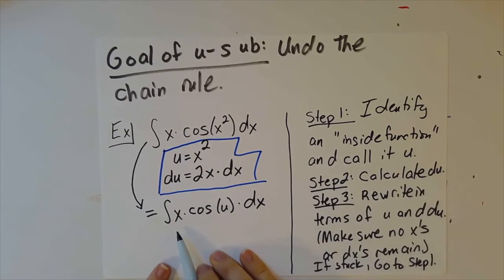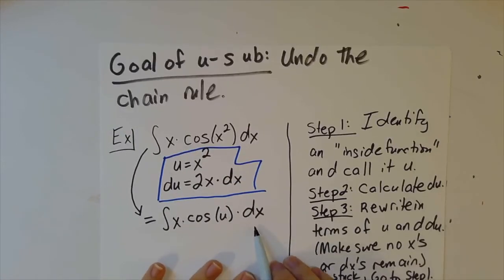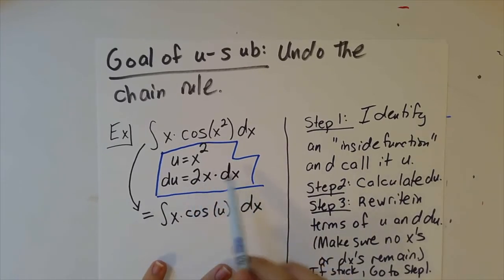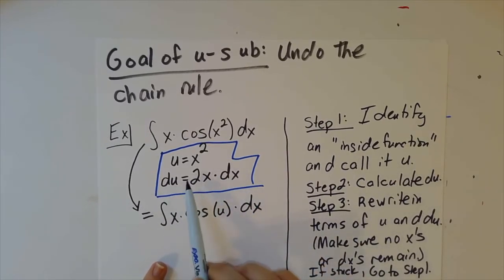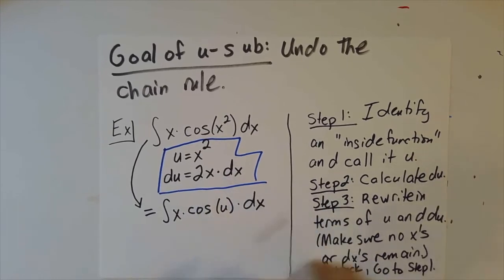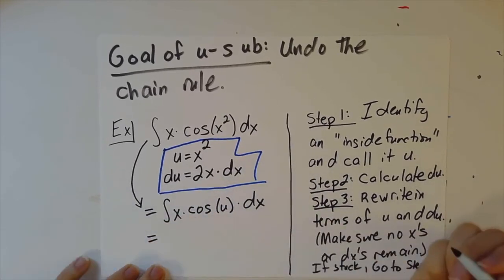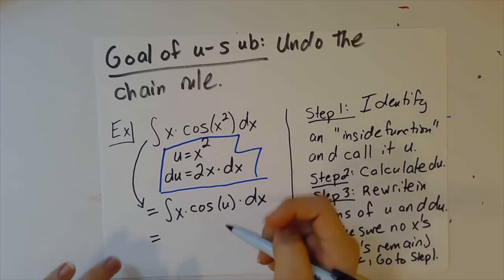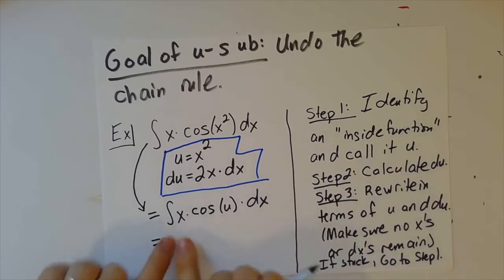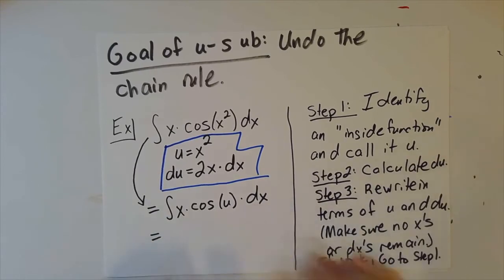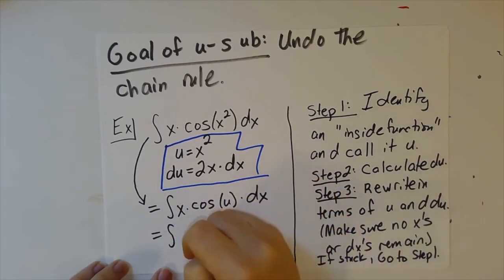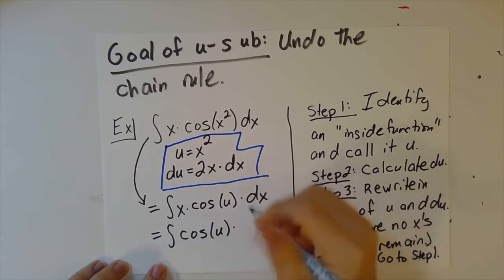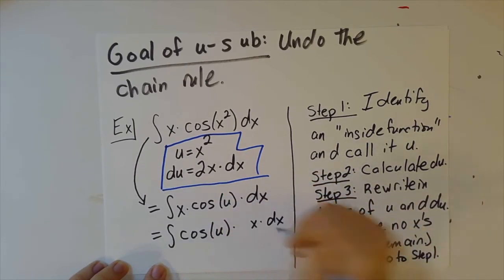Now I have an x here, I have a dx here, and I notice that actually I can get rid of both of those if I have a 2 as well. So we don't have a 2, but we can make our own 2. So I'm going to rewrite this to put the x next to the dx, because that's where I want it. So this is cosine of u times x times dx.